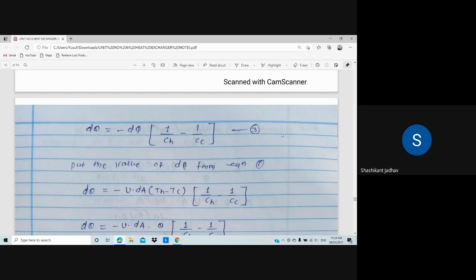So d theta is equal to minus U into dA into bracket Th minus Tc into bracket 1 upon Ch minus 1 upon Cc, bracket complete.